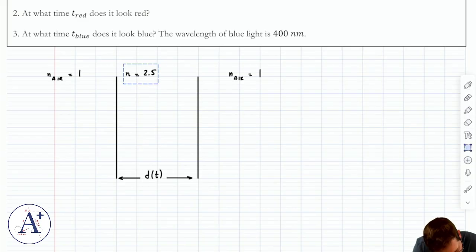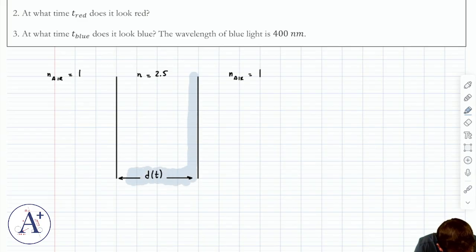And I care about how the indices n compare to each other because it dictates not only the wavelength in the film, but also whether I get some phase shift upon reflection or not. Okay, so this is my film, getting thinner by the second.